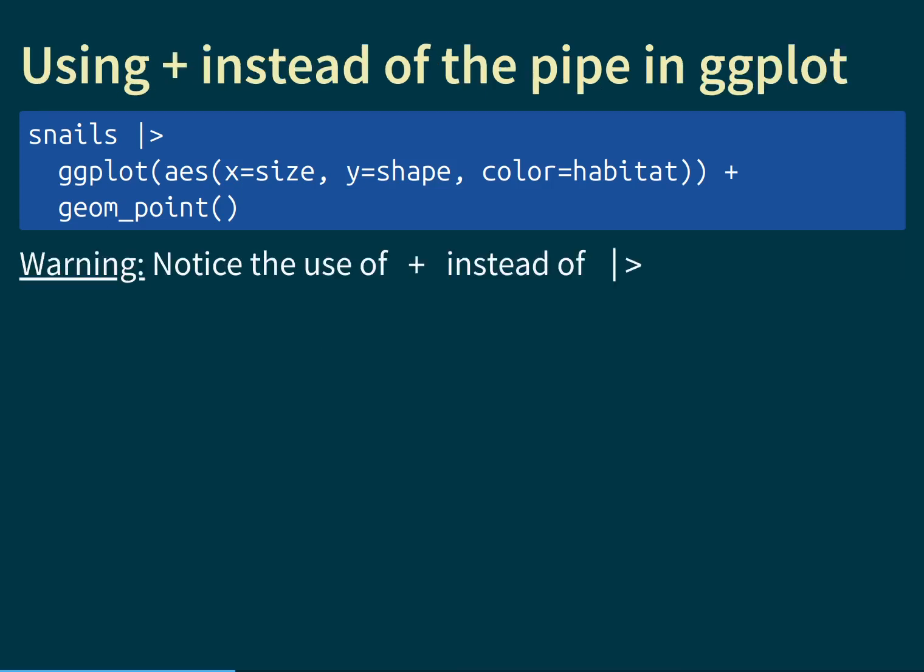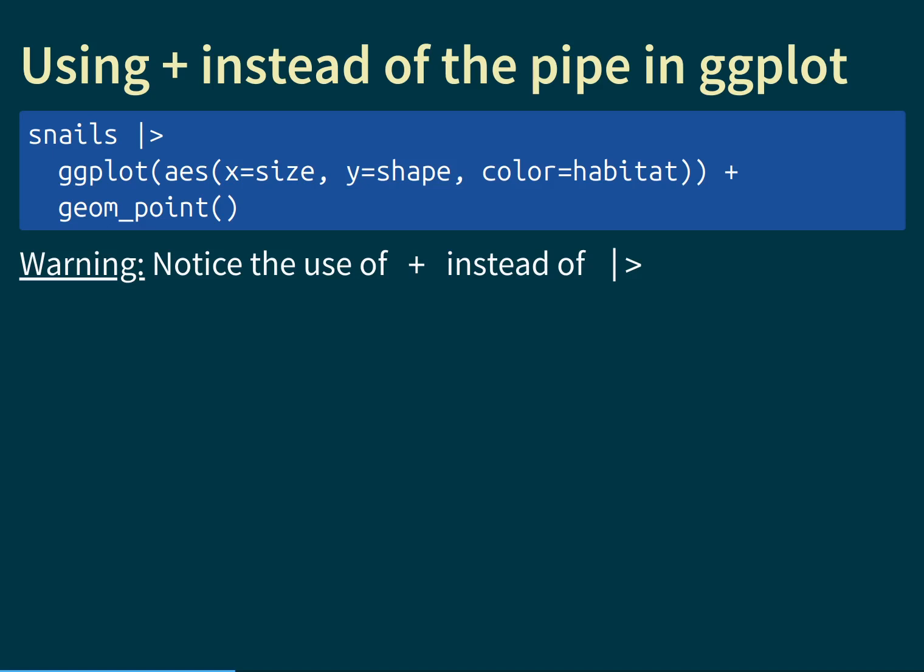One word of warning. As mentioned, when we write down the ggplot function, we continue from there by writing down the plus symbol and adding on various extra components to the plot, such as the geometry. So this is something to remember, because if we're a bit absent-minded, it is easy to revert back to our habit of using the pipe operator.